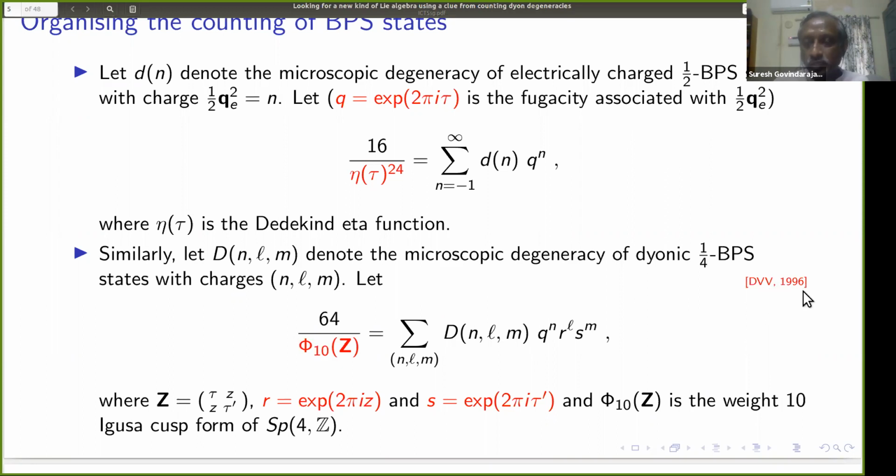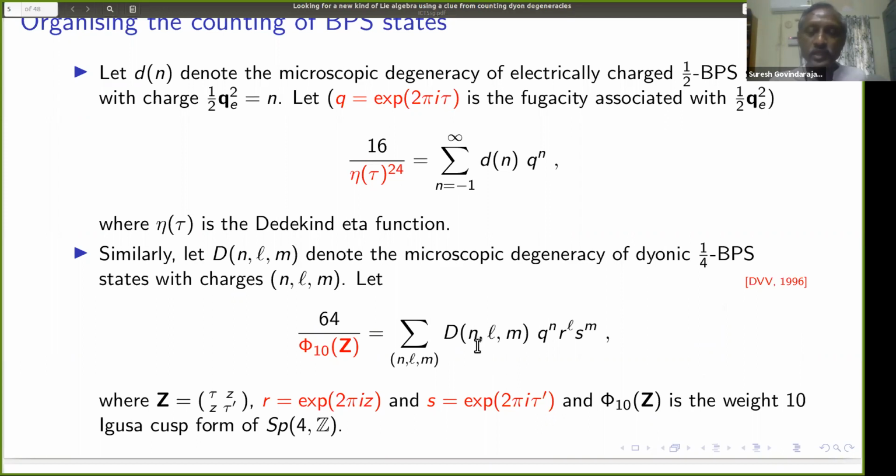So 1996 is when this result came. It was about 6 months after the famous Strominger-Vafa result, where they reproduced the microscopic degeneracy of black holes, which matched the entropy computation. And so this was really the first example in 4 dimensions where they actually got it right.